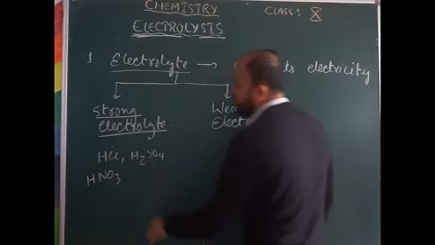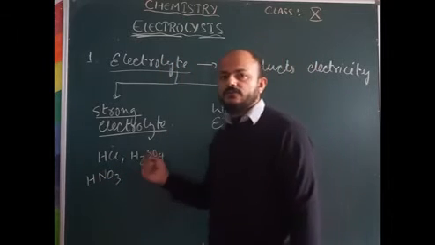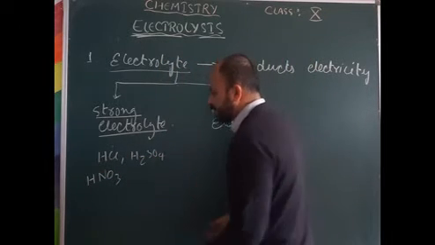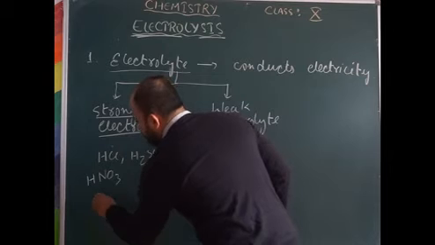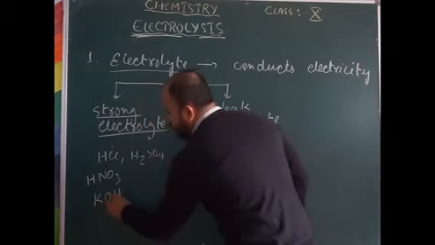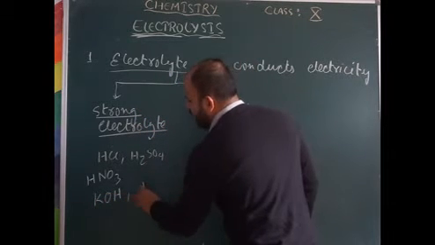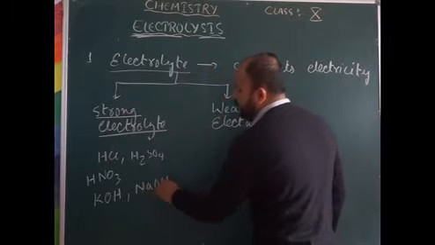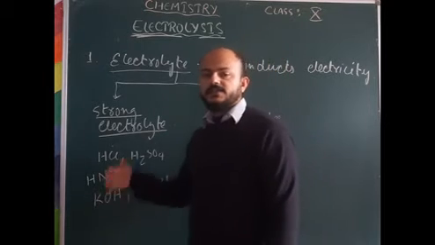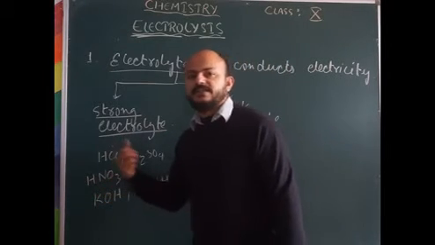They are strong electrolytes. And the caustic alkalis like KOH, NaOH are again strong electrolytes because they conduct electricity to a larger extent.